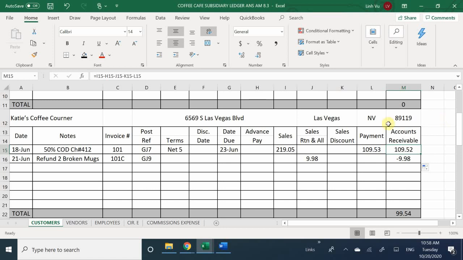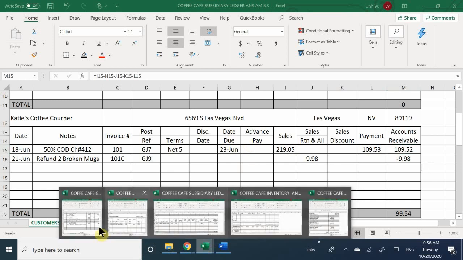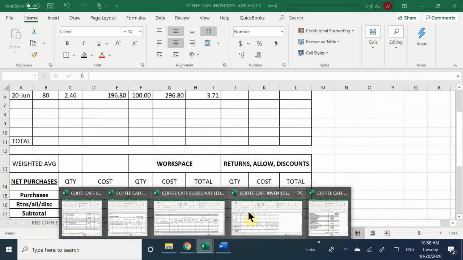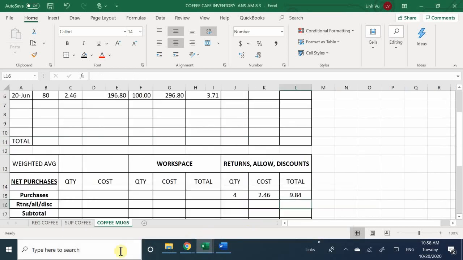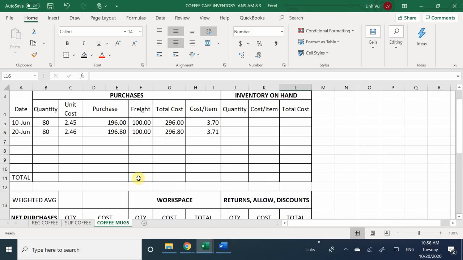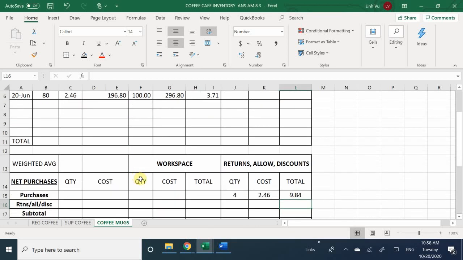The inventory. Why do we need to go to inventory? We have to subtract whatever the original. No, because it's no longer part of inventory.